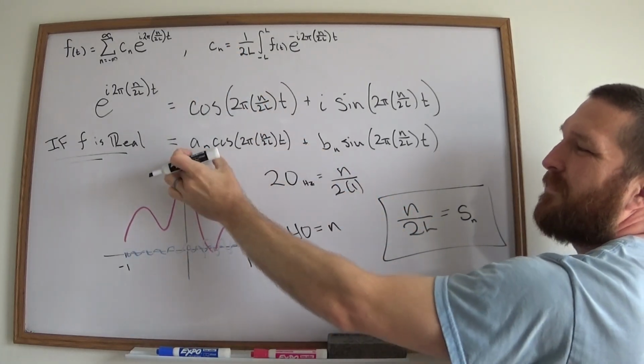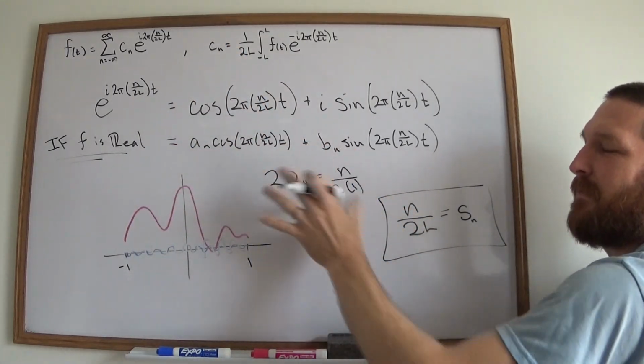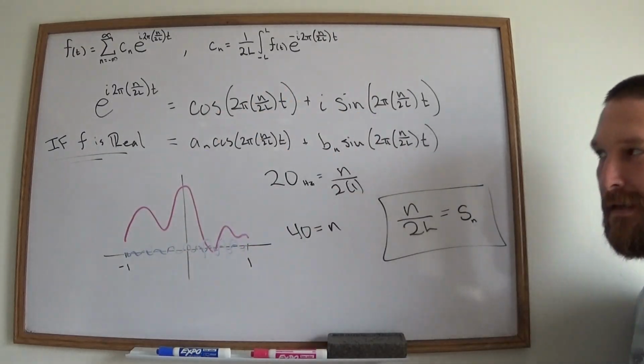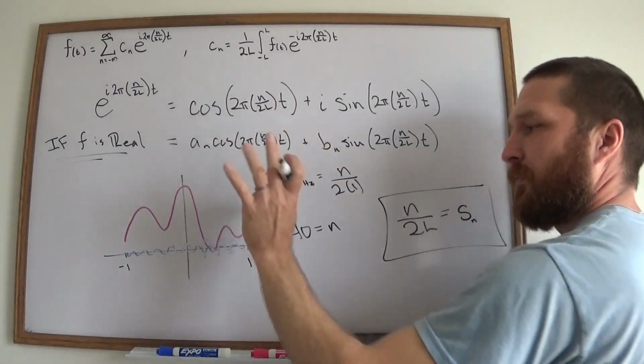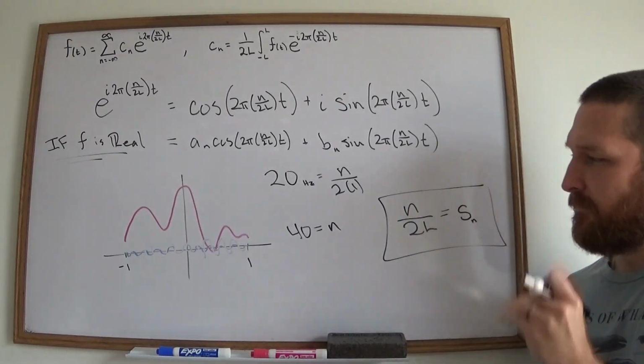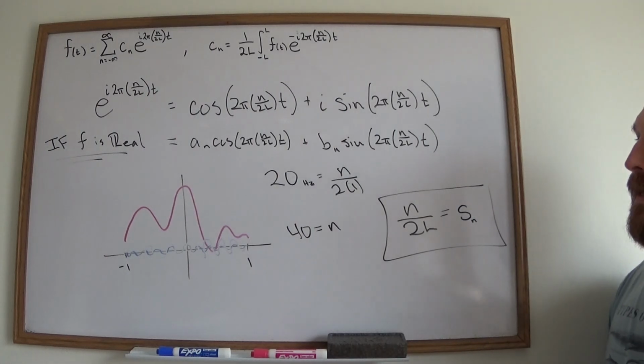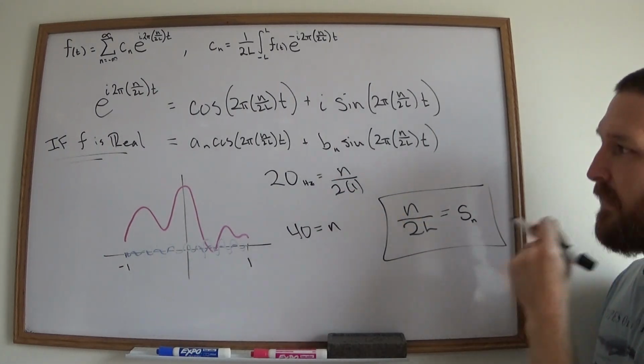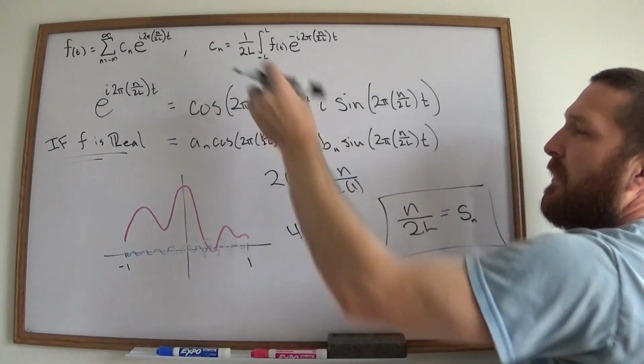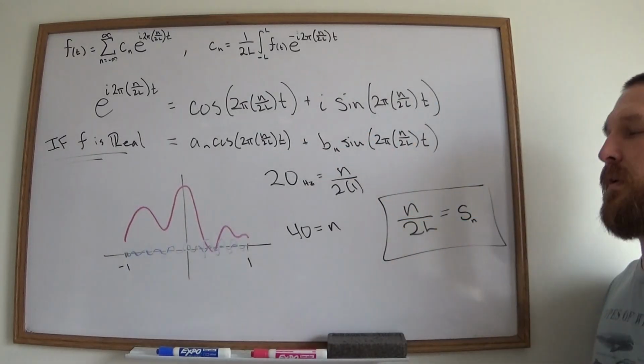As you know, we have different ones for a_n and b_n, but like I'm saying, it's all the same thing. It's much easier to just think about it this way. Then I can find out how much 20 hertz there is. There's that much of it in there. We figure that out and say, okay, C is this. That's how much 20 hertz is in there.